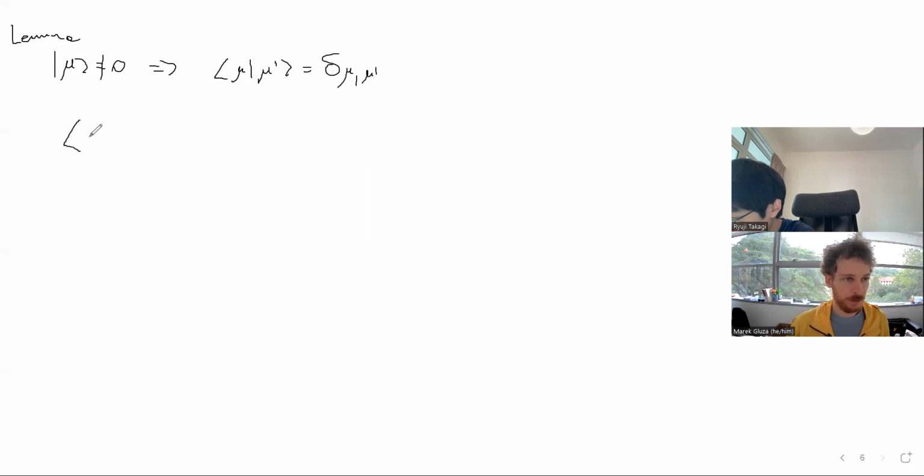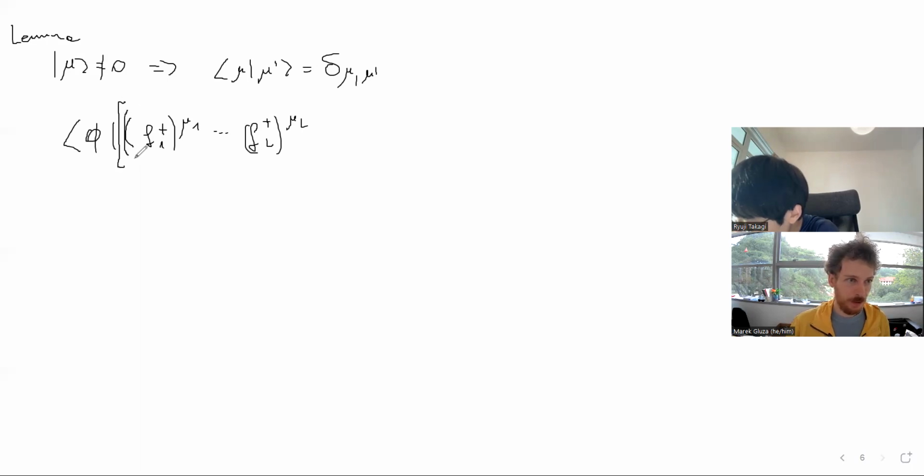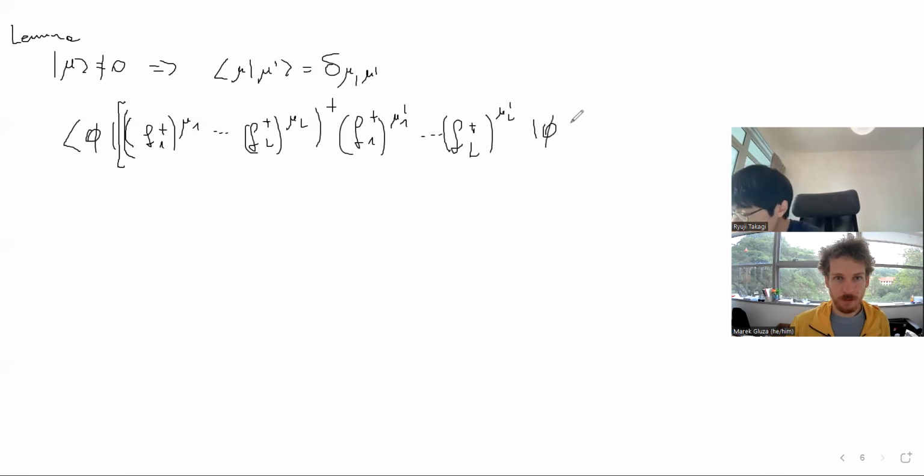So let's see how this works. Basically, I will have the vacuum state, and here f1 dagger mu1 until fl dagger mu l, and then I'm kind of trying to be extra careful here. I'm applying the dagger, and I will apply this full thing, mu1 prime until fl dagger mu l prime applied to vacuum.